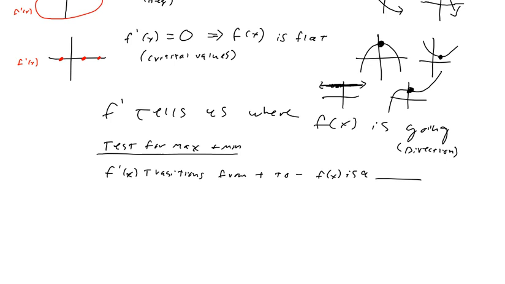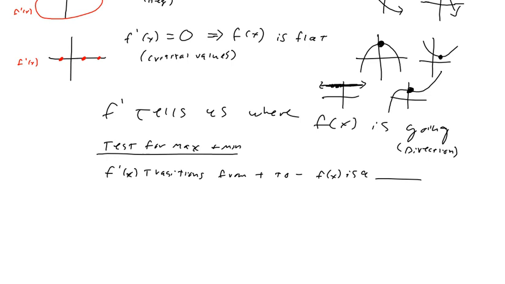F prime is transitioning, so we know that there's a spot where f prime is 0 right here. There's a spot where f prime is 0, and f prime is transitioning from that spot. It is transitioning from the positive area, down through the 0 to the negative area. What is happening at f in that spot? It is a what?